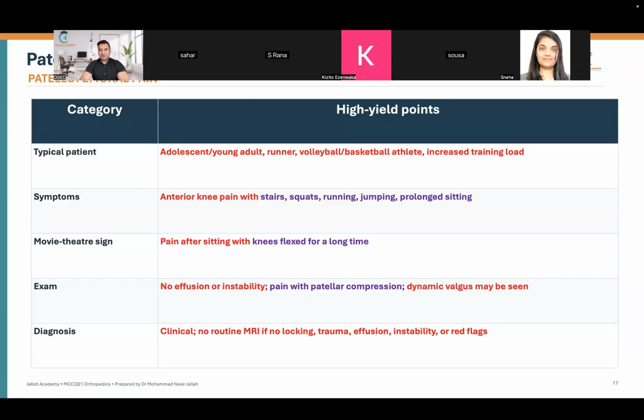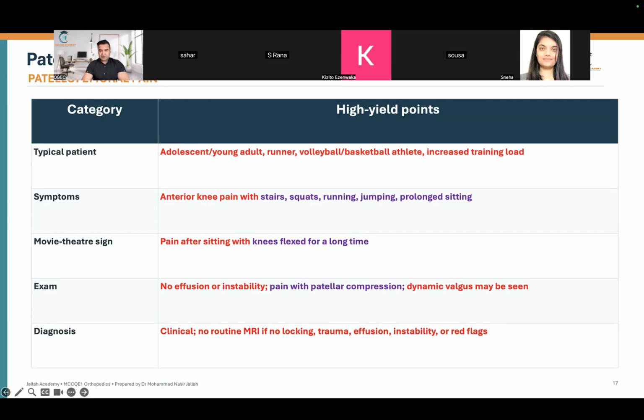Like if this is the knee, I'm going to draw it again, the pain is right at the anterior. That's why they call it patellofemoral syndrome. So anterior knee, please don't forget, anterior knee.